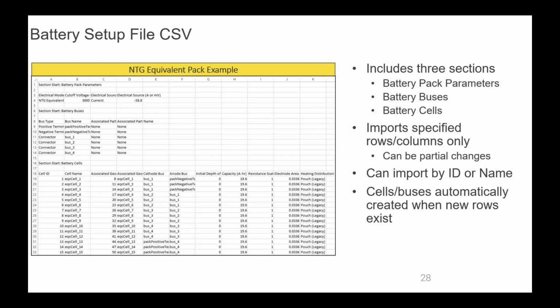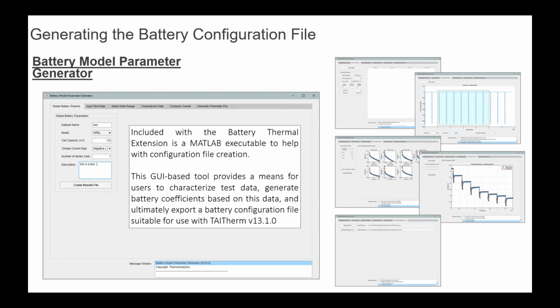So if you want to run this from a command line or something and update some of these parameters, you can tell it to update depth of discharge or scale resistance, and it will automatically make those model changes from a command line interface. So that allows you to couple with other softwares and allows a lot of flexibility in how you want to set up and use that model.